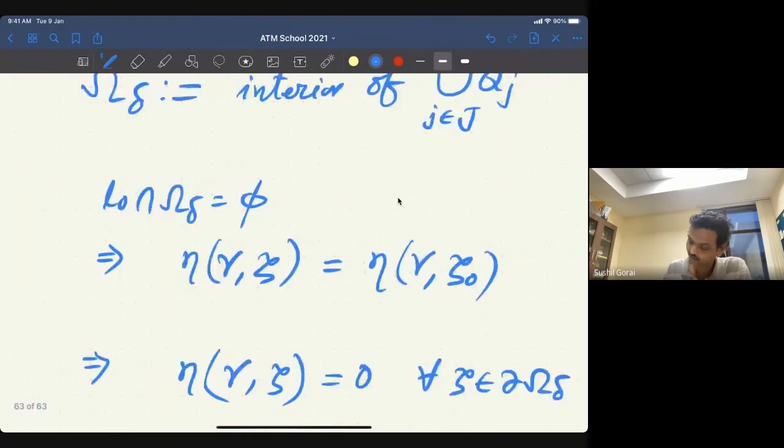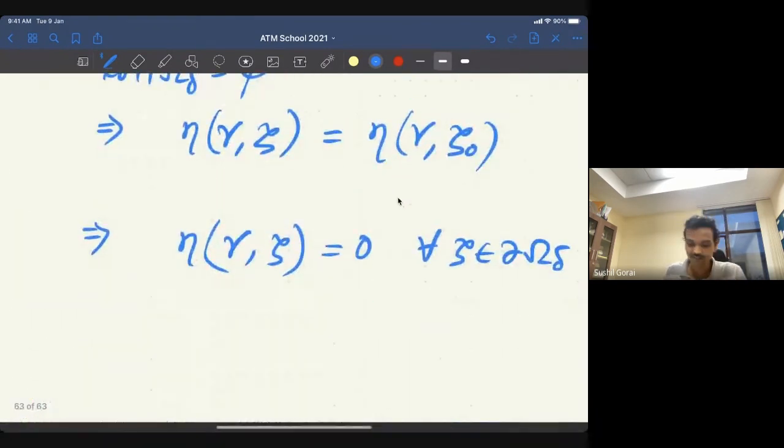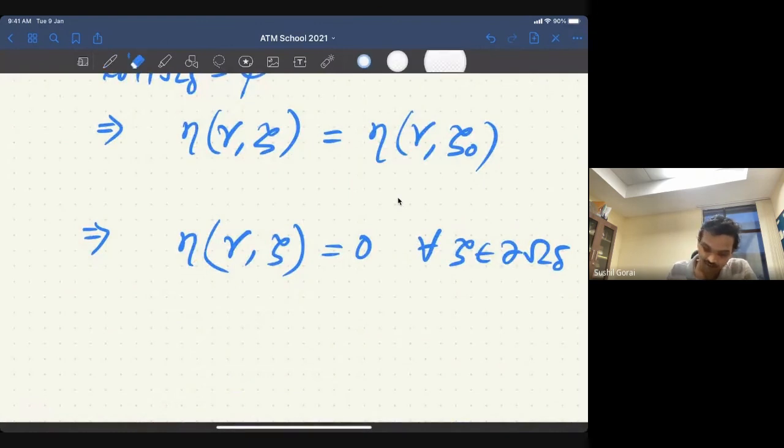All right. Now this is enough topological stuff. Now we go into the integral formula.